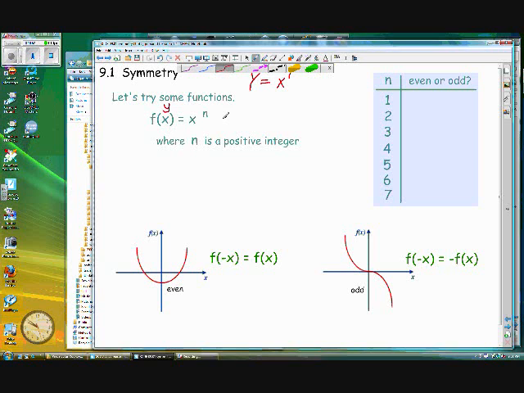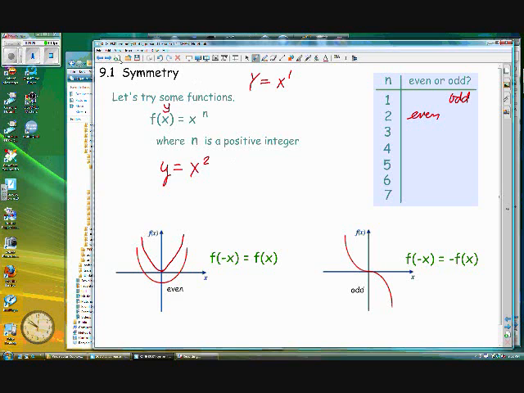So I'm back here. So what happened when you put in, let's try it, y equals x. Is that even or odd? This one was odd. And now try x squared, and what is that? That looks, when you graph that, it looked like this.